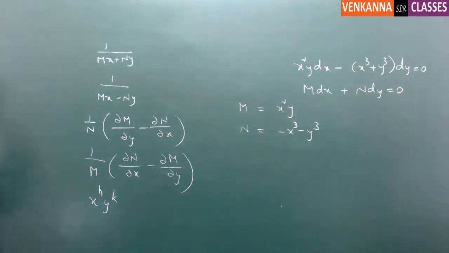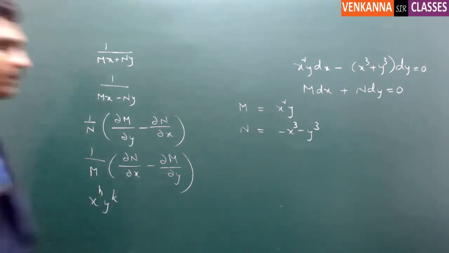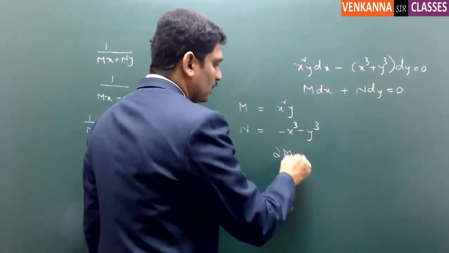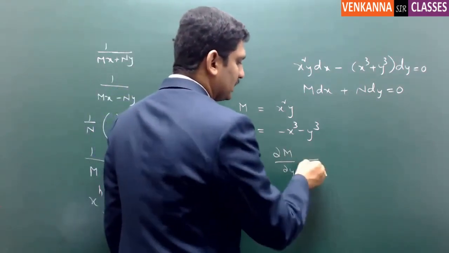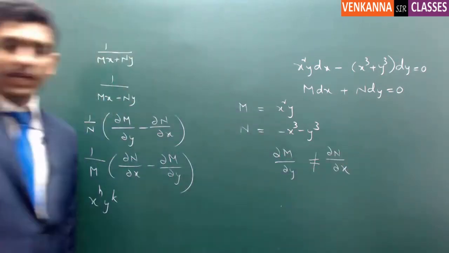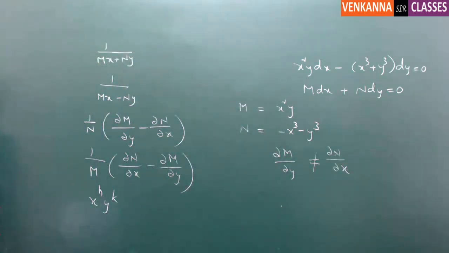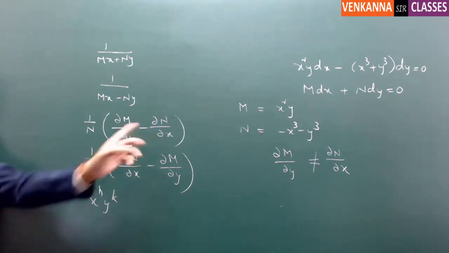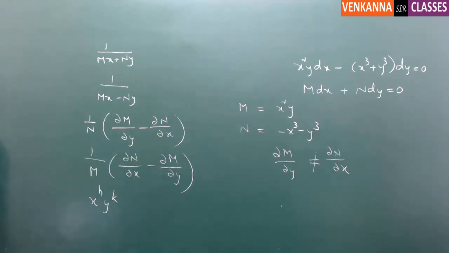So I can say that it is a non-exact differential equation because dou m by dou y is not equal to dou n by dou x. So you have to evaluate the two values and mention that these two are unequal. Okay? All of you accept that?